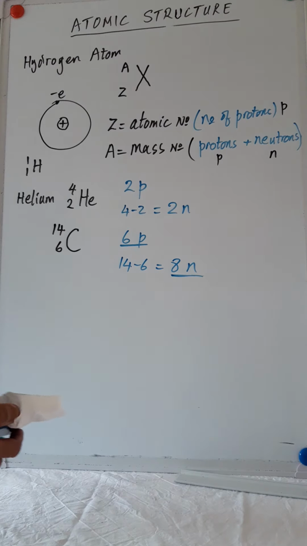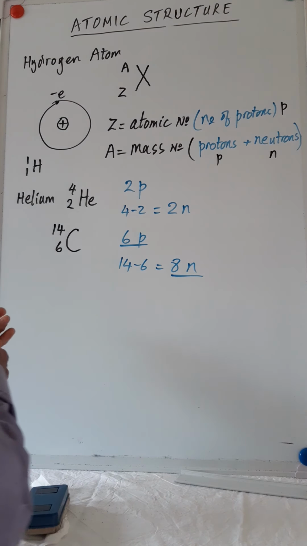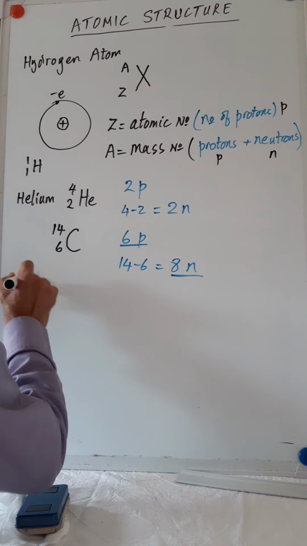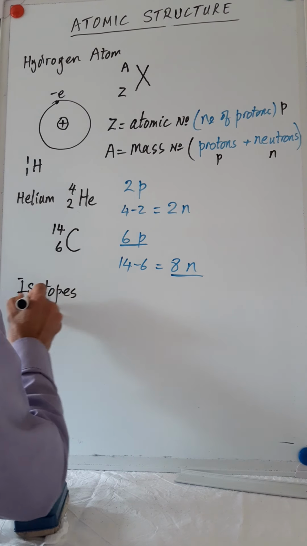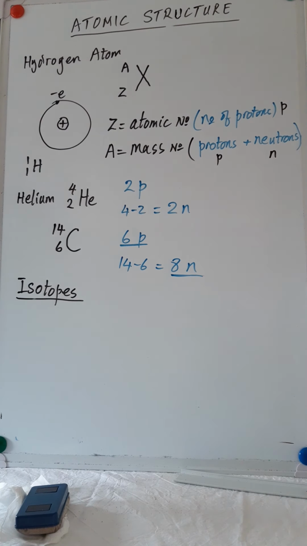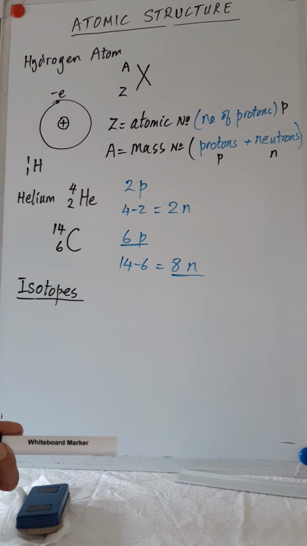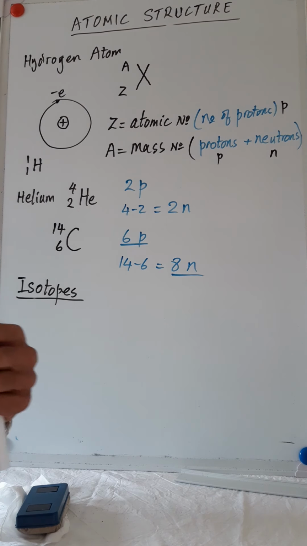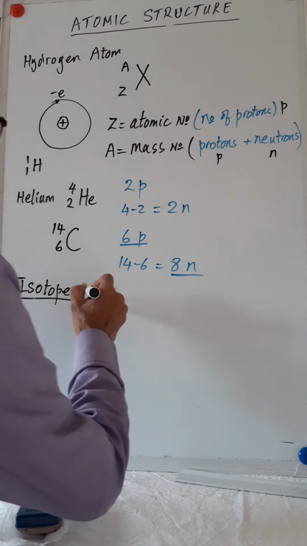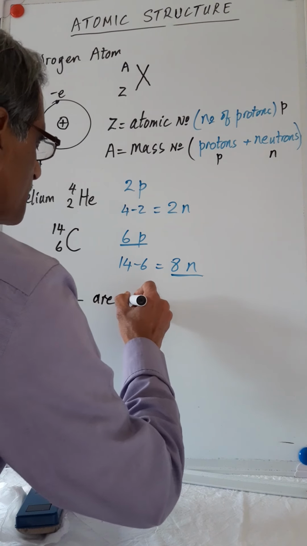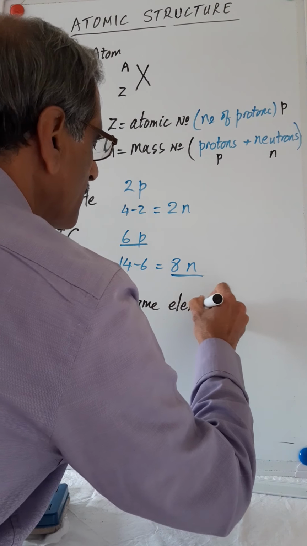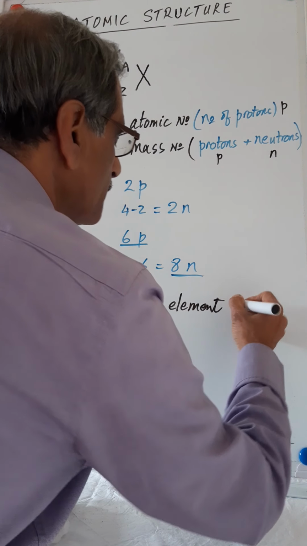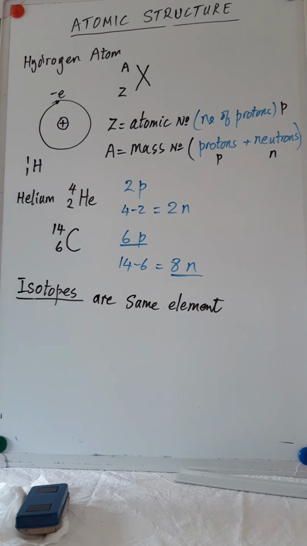The next thing we're going to talk about is isotopes. Isotopes are the different forms of the same element with different numbers of neutrons. So we can say isotopes are the same element but with a different number of neutrons.